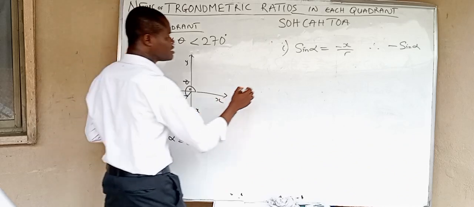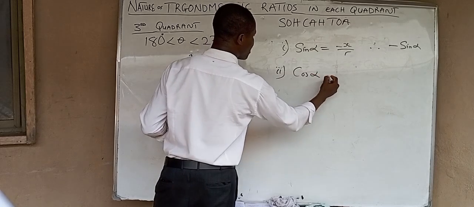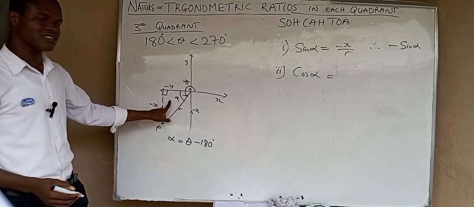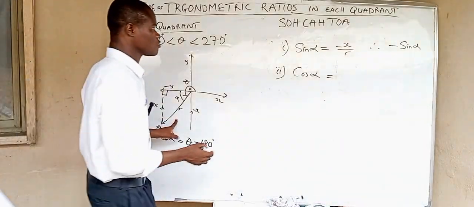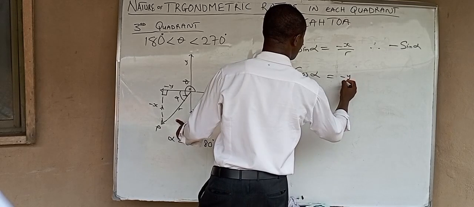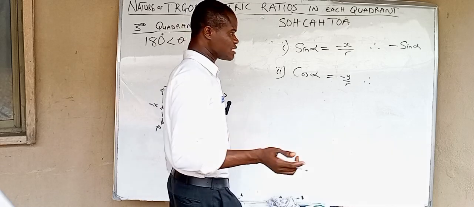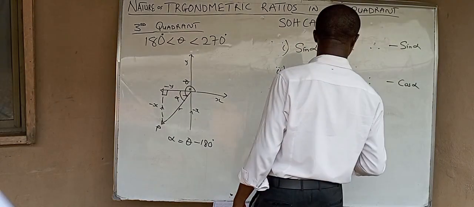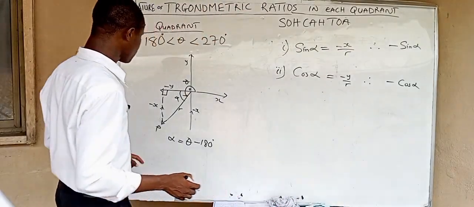Let's go to cosine. Cos alpha is adjacent over hypotenuse. That is minus y over r. Negative divided by positive is negative. So therefore, cosine of an acute angle within the third quadrant is negative.